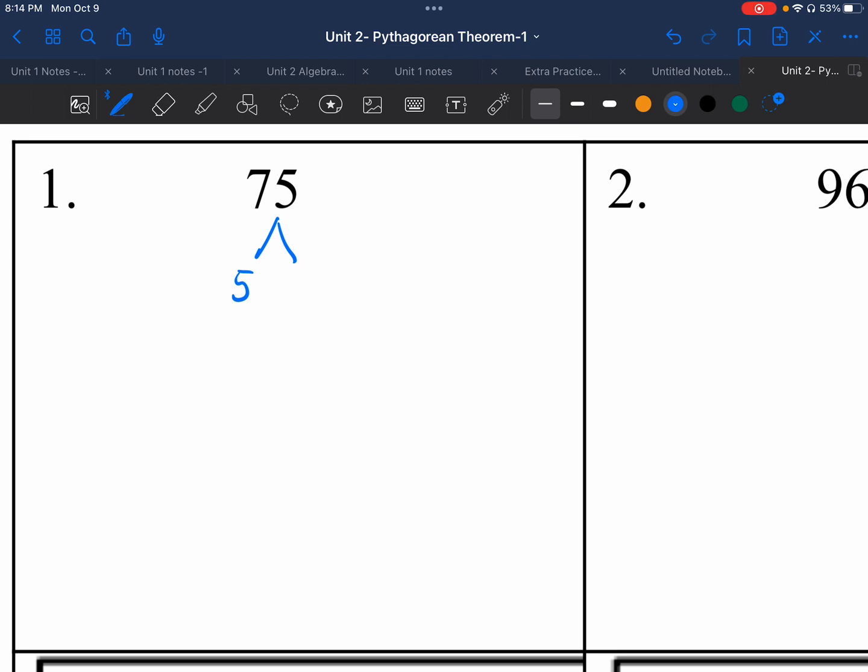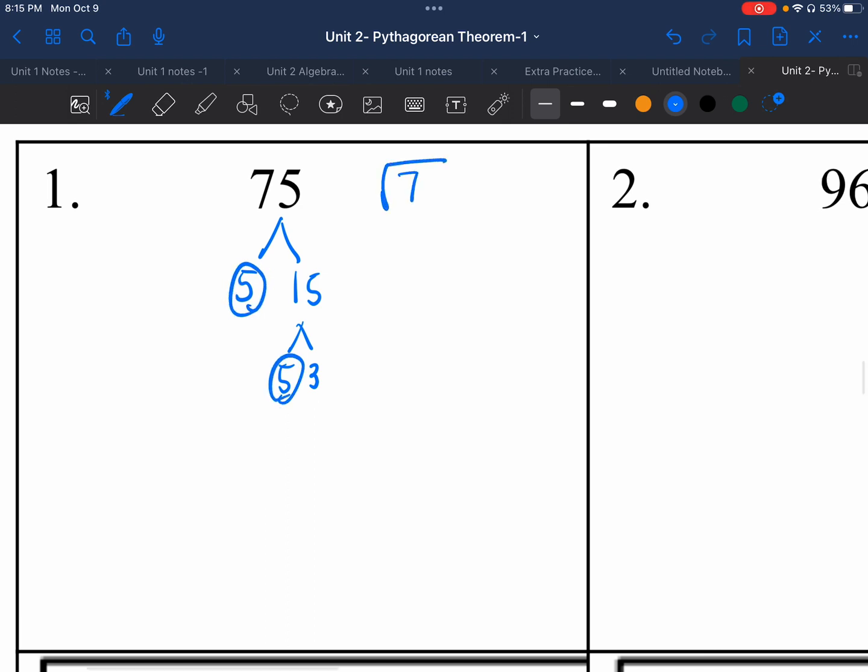So 5 times 15. 15 again can be broken down into 5 and 3. And then look at that, I have 2 of the same thing. So if I was finding the square root of 75, I found 2 factors. I know I need 2 under in order to pull 1 out. So this is like the square root of 5 times 5 times 3. I have 2 under, so I can pull 1 out to be 5 times the square root of 3, which is the same as the square root of 75.